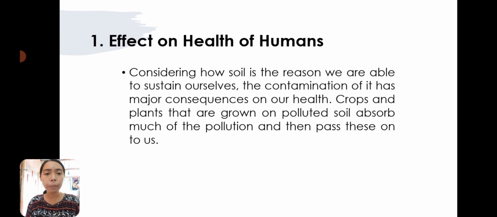So number one is effects on the health of humans. Consider how soil is the reason we are able to sustain ourselves. The contamination of it has major consequences for our health. Crops and plants that are grown in polluted soil absorb much of the pollution and then pass this on to us. This could explain the sudden surge in small and terminal illness.